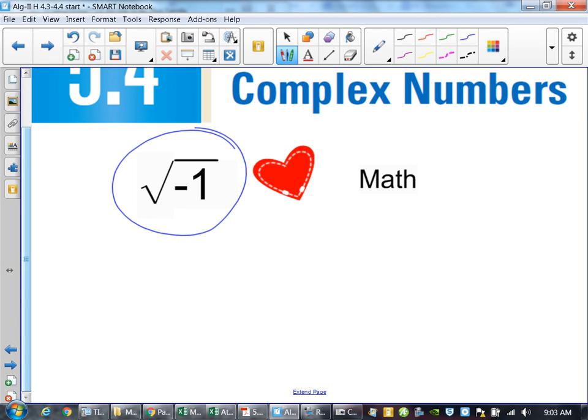Now, if it was just the square root of 4, we know it'd be 2 times 2 or -2 times -2. So mathematicians said, hey, this isn't hard enough. Let's make up this complex number and really mess with people. So what they developed was anytime you have the square root of a -1, it equals an imaginary number, i.